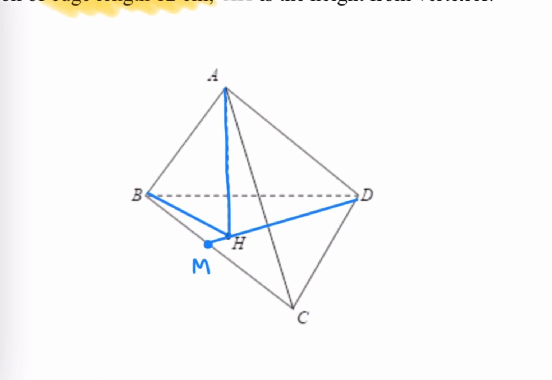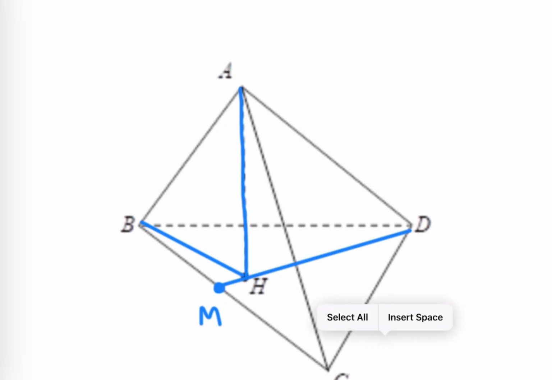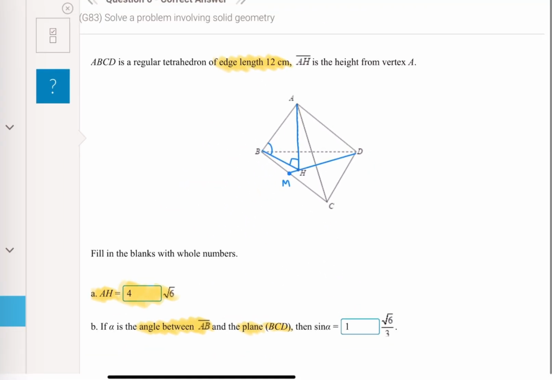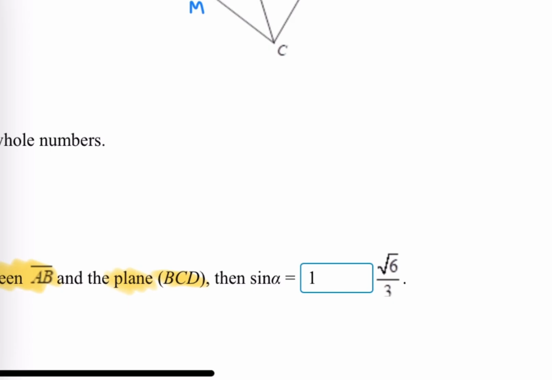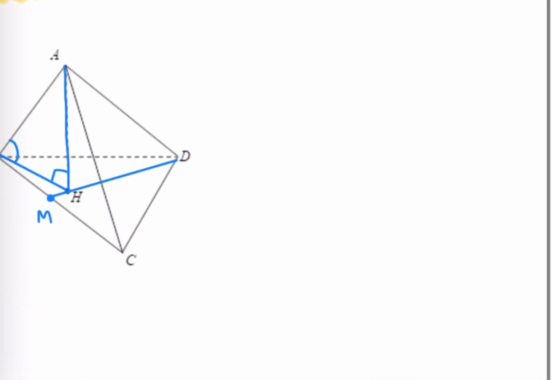So technically we already have the triangle, and they're asking us for the angle B, and this is our hypotenuse. So now we just need to apply the sine rule because they told us to find the sine. So the sine rule is opposite over hypotenuse. So sine equals opposite over hypotenuse.